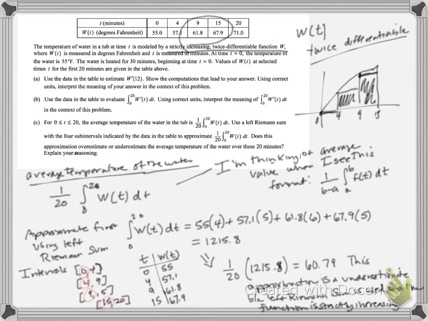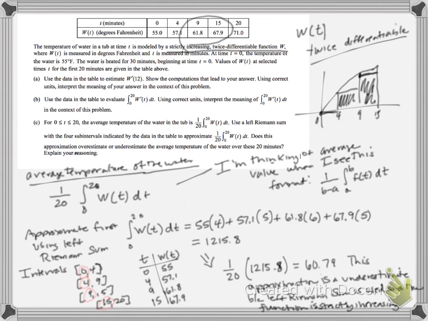Okay, part C says for 0 to 20 minutes, the average temperature of the water in the tub is 1 over 20, integral 0 to 20, W of t dt. It says use a left Riemann sum with the four subintervals indicated by the data in the table to approximate this. Does this approximation overestimate or underestimate the average temperature of the water over these 20 minutes?